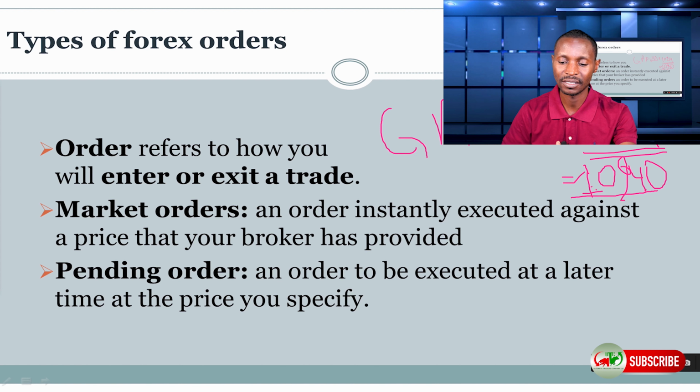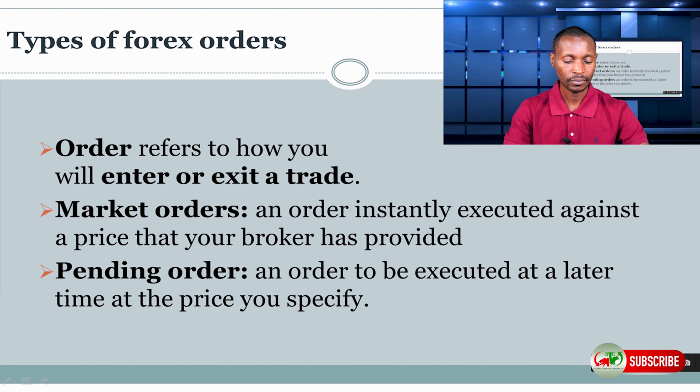You see, this is a later price, and it is a price you specified yourself. It is what we call a pending order. These pending orders, depending on what you are doing, have different types, and we are going to see in detail how they differ.